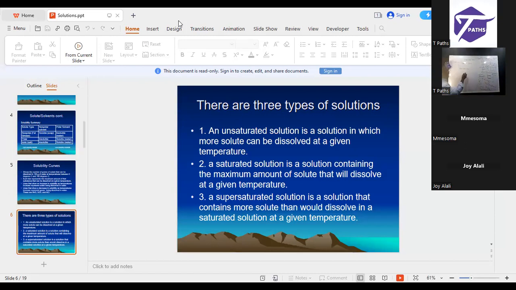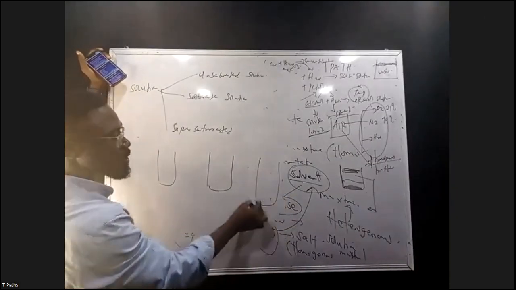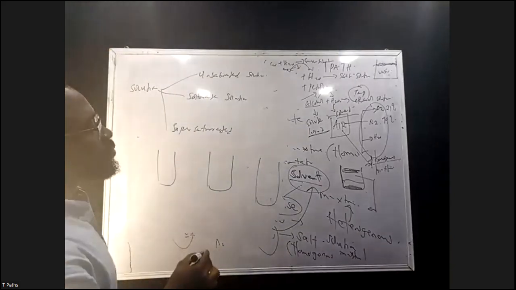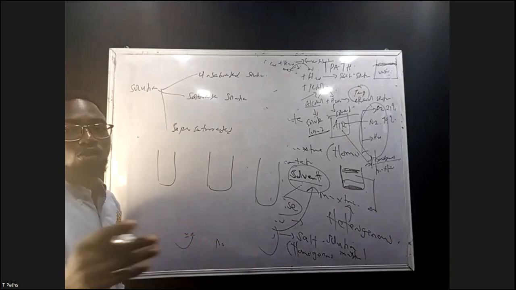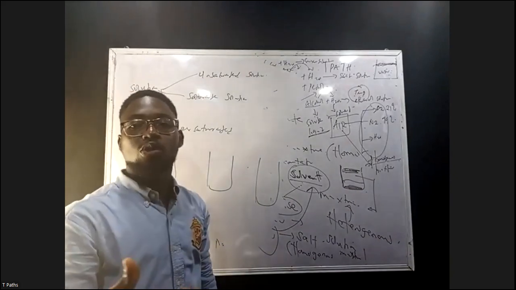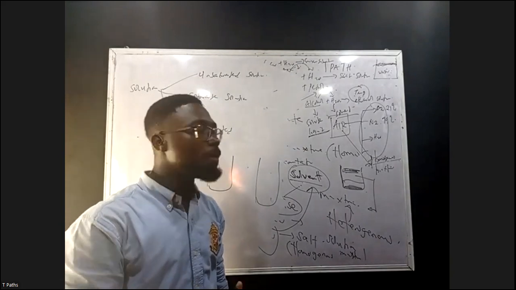This is how I explain unsaturated and saturated to students. Like I said, there's something called solubility, which means the amount of a substance that can dissolve in a given volume of solvent.